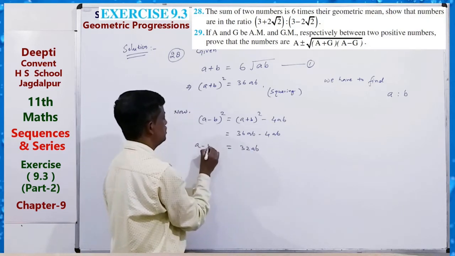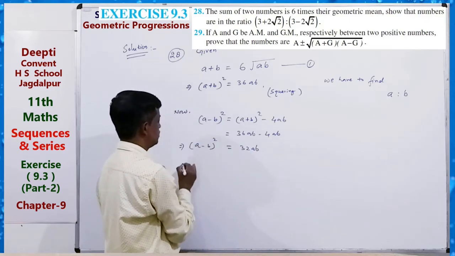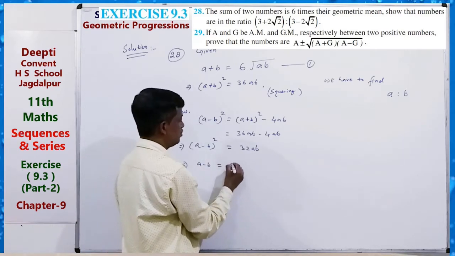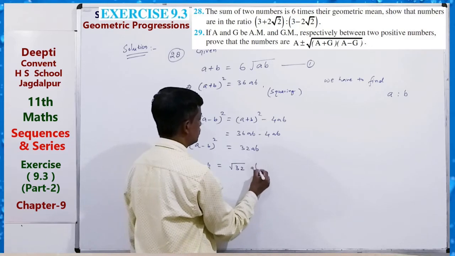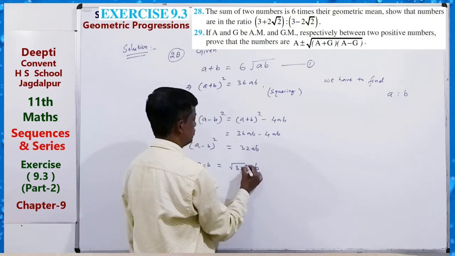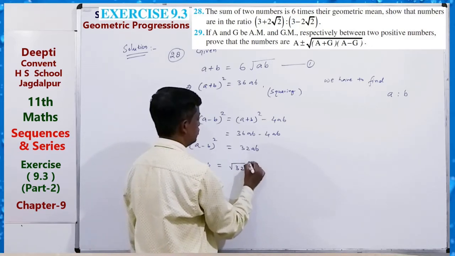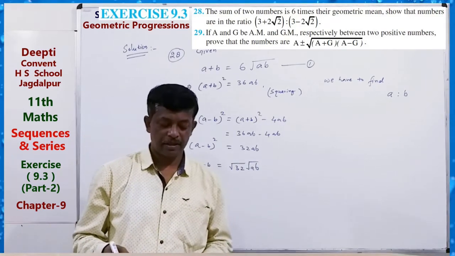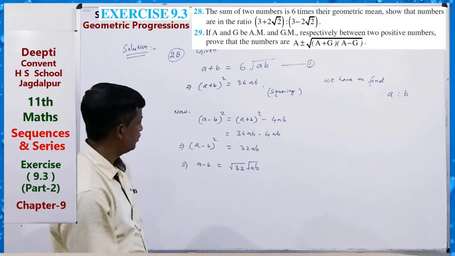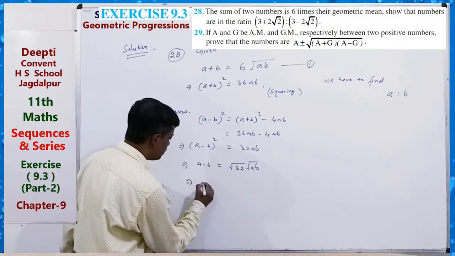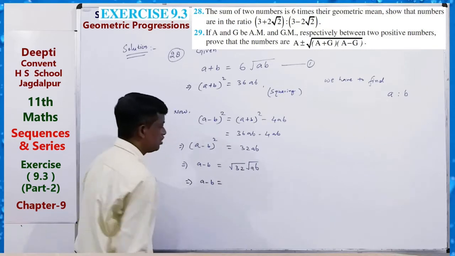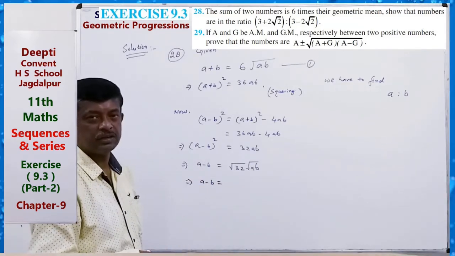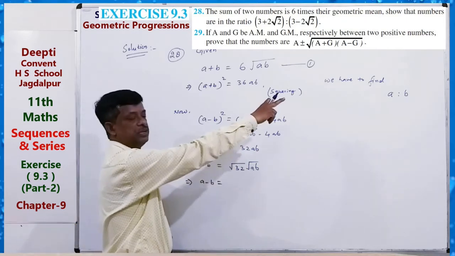So a minus b whole square equals 32 ab. So here we can write a minus b is equal to root 32 root ab. Clear? Our target is to find the ratio a by b.